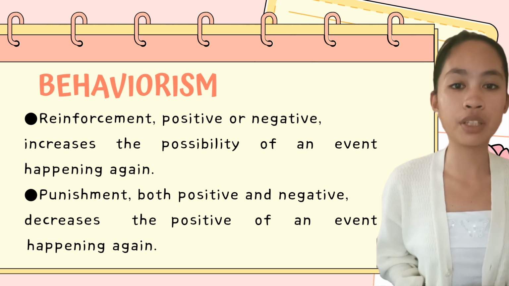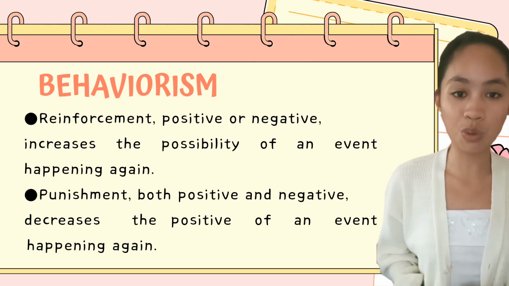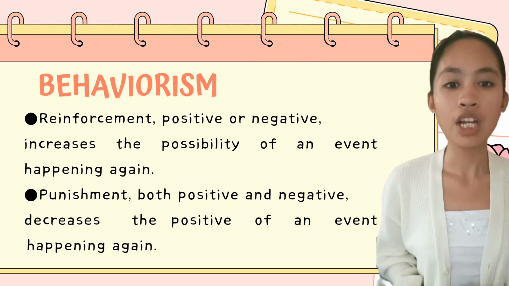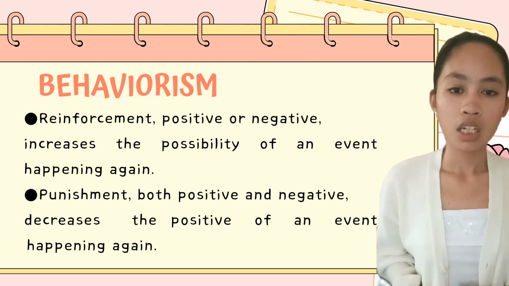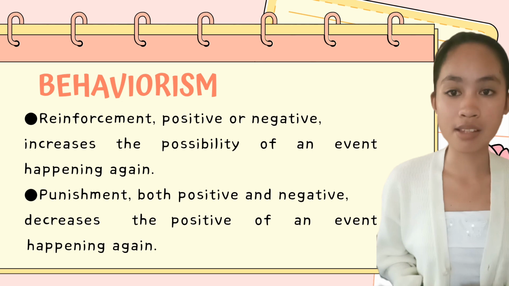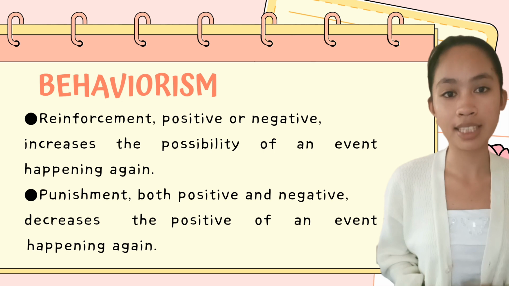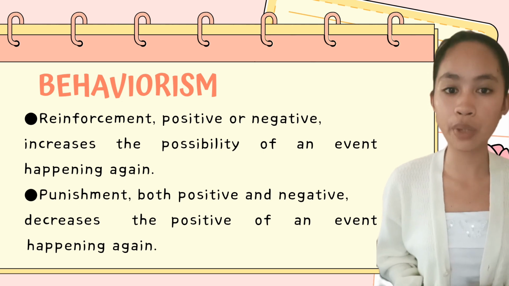When you are encouraging a child, there are bigger possibilities that the child will keep doing that behavior, knowing that she is encouraged and was given rewards. And also with punishment, of course, if you do something and then you will be given punishment, the child will not do it again, knowing that there is a punishment waiting for her.